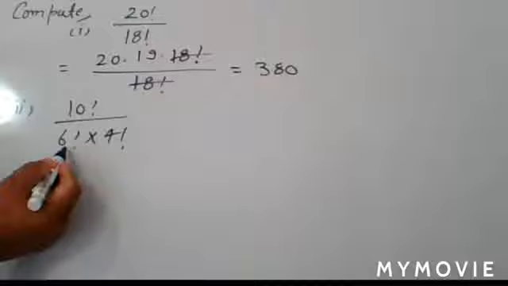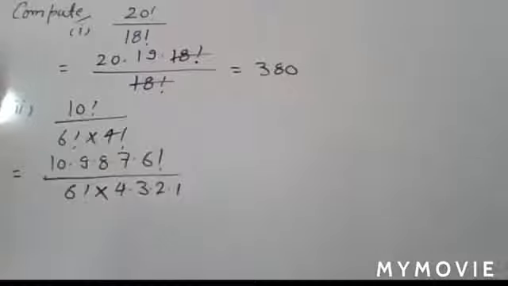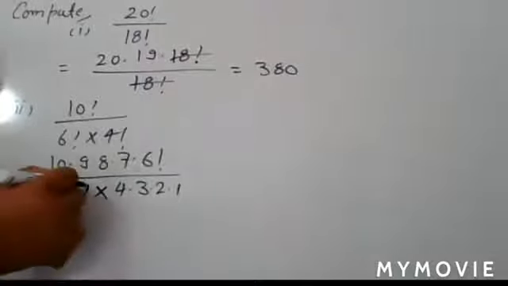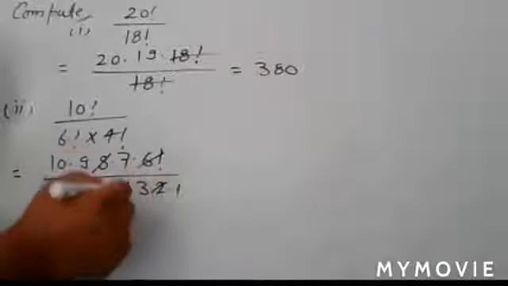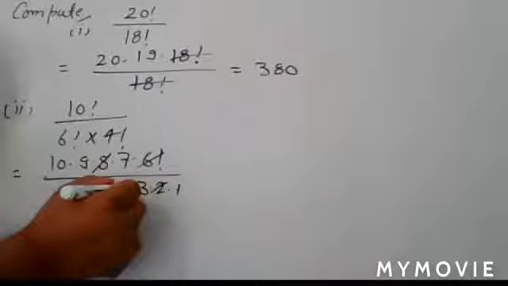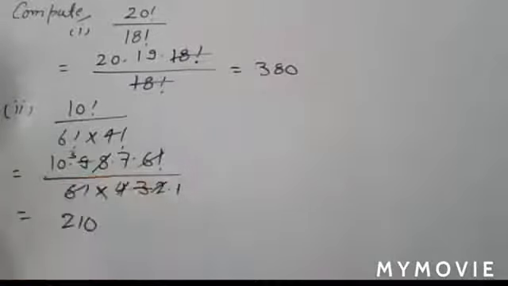So you can write 10 into 9 into 8 into 7 into 6 factorial, divided by 6 factorial into 4 into 3 into 2 into 1. Understand? So 6 factorial we cancel. 4 twos are 8, so 8 is cancelled out, and 3 threes are 9. So your result is what? 210. So its value is 210. Understand?